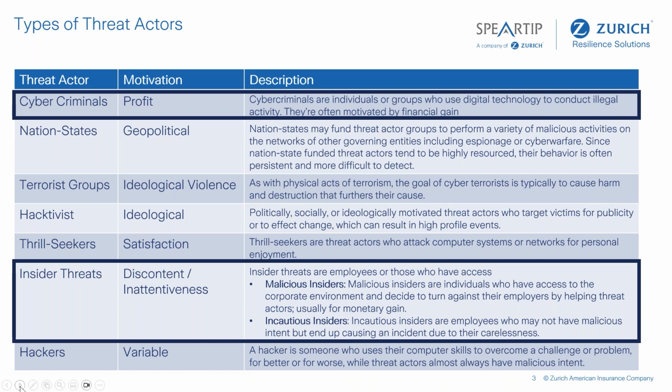Or a really common one right now is ChatGPT or these generative AI tools that can help somebody frame up a nice email or some type of business letter. But putting sensitive business information into an unapproved AI tool could all of a sudden be sharing it into a public domain where it should not have gone. That's where that incautious insider all of a sudden became a potential threat actor. Again, it's not intended to be malicious.